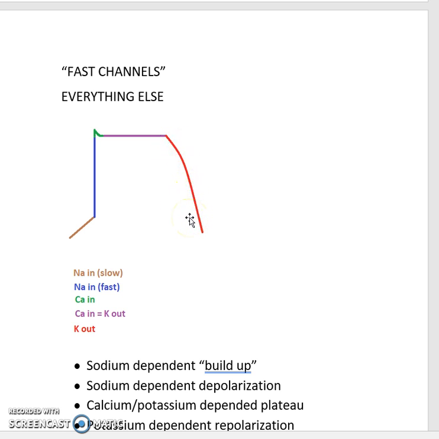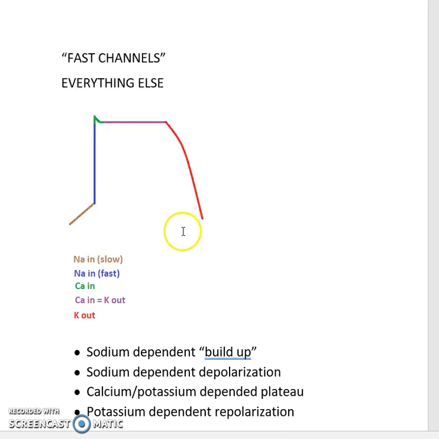So for fast channels, what you need to remember is that they are sodium-dependent depolarization, and they are every part of the cardiac conduction system except for the SA node and the AV node.